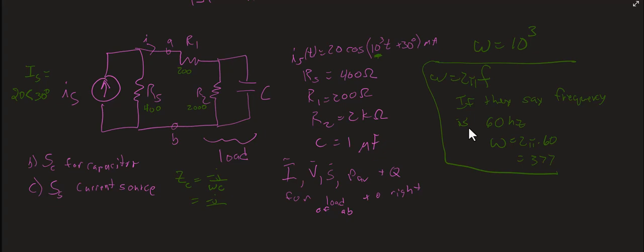Does it matter whether they gave us the voltage instead of the current, whatever the number in front of t is also the omega? No, it does not affect the phase, but I do see something that it does affect that I missed. This was milliamps, this was 0.02.